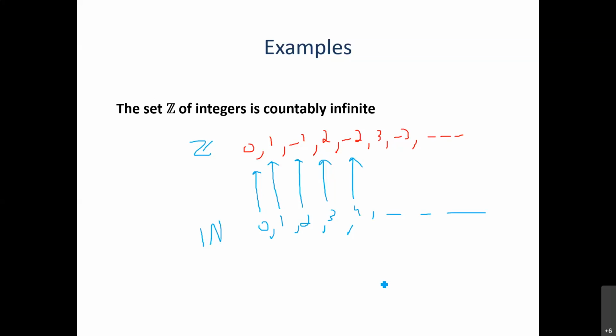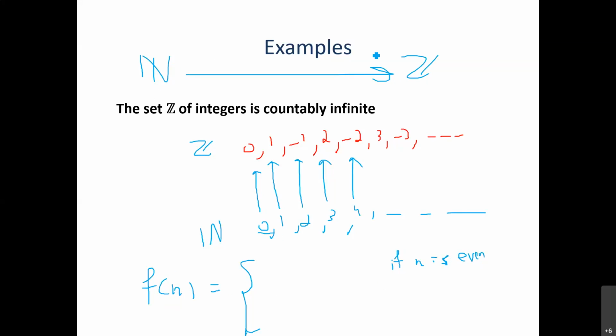As an explanation, this would be enough. But if you wanted to actually find the function that makes it work, it's going to be split. If n is, let's say, even, what are we working with when n is even? Remember, the function takes you from n to z. So you take n from here, it takes you here to f of n.